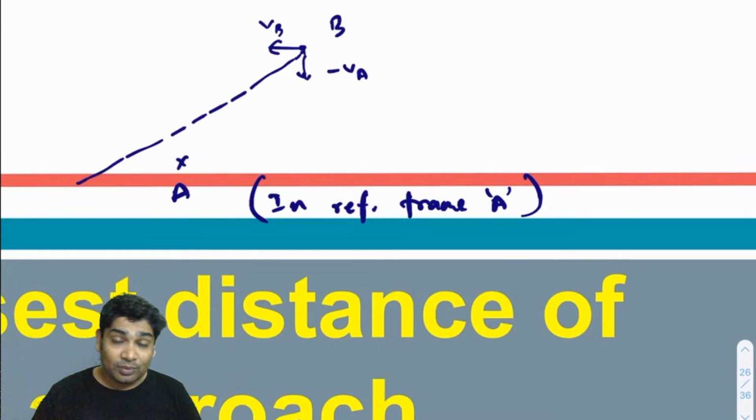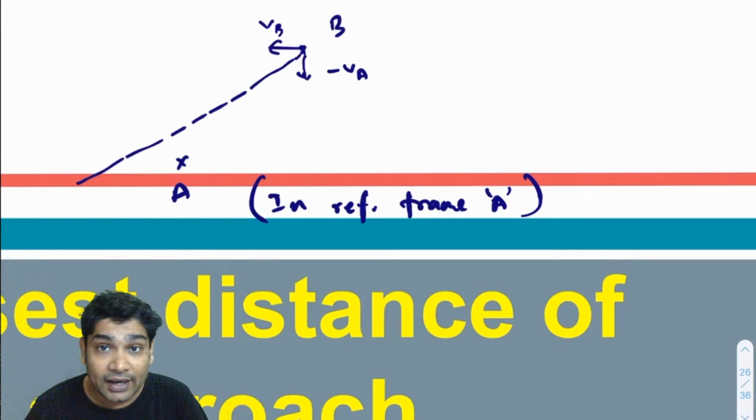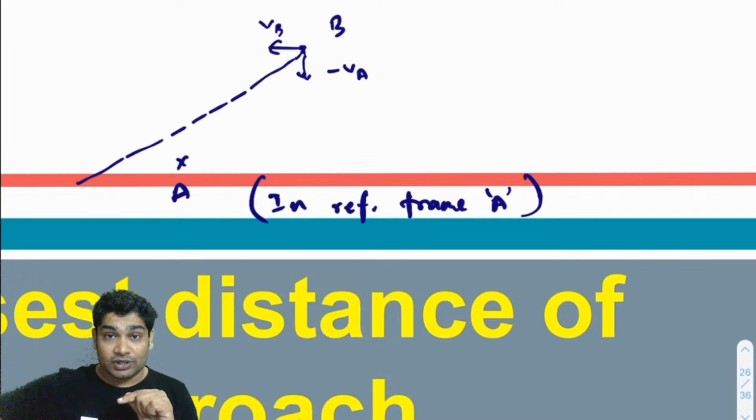First of all, A starts appearing to be stationary. So A becomes stationary and B gains another velocity, minus VA. So this is minus VA, this was VB. So the net velocity of B appears to be along this direction. So let's see from this reference frame what it appears. It appears as if A stopped at its position and B will be moving along this straight line.